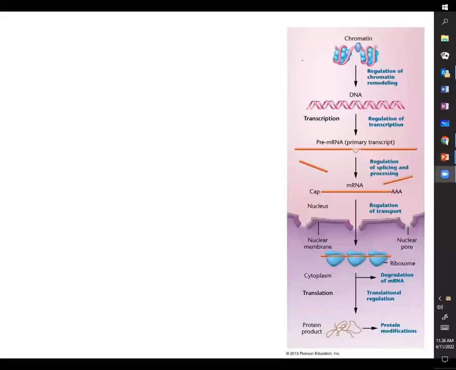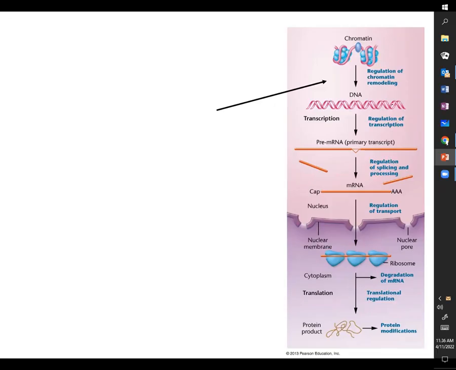Last lecture, we talked about regulating access to the naked DNA so that transcription can occur. That's at the level of chromatin and the histone modifications and the cytosine modifications that can occur on the DNA.